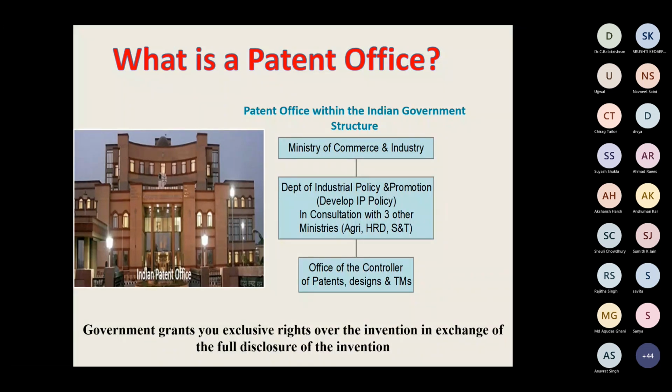They have certain territories divided between themselves. So, depending on the workplace or the residence of the person who is filing the patent, that person accordingly chooses which patent office he needs to proceed to. So, this is how the patent office works.